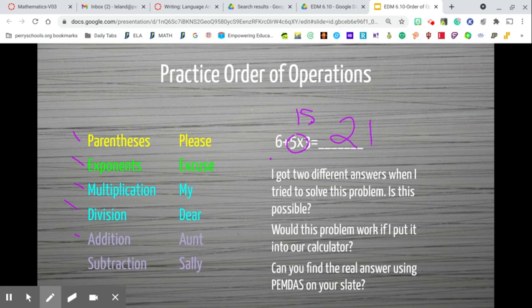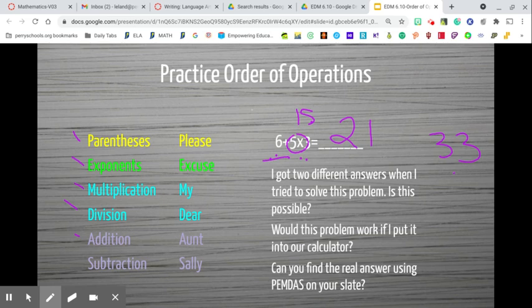So we're looking at this, and we're trying to figure out what could have happened if we got a different answer. So one way that I could have solved this is if I just went from left to right, I would have 33, because I would have done 6 plus 5 is 11 times 3 is 33.